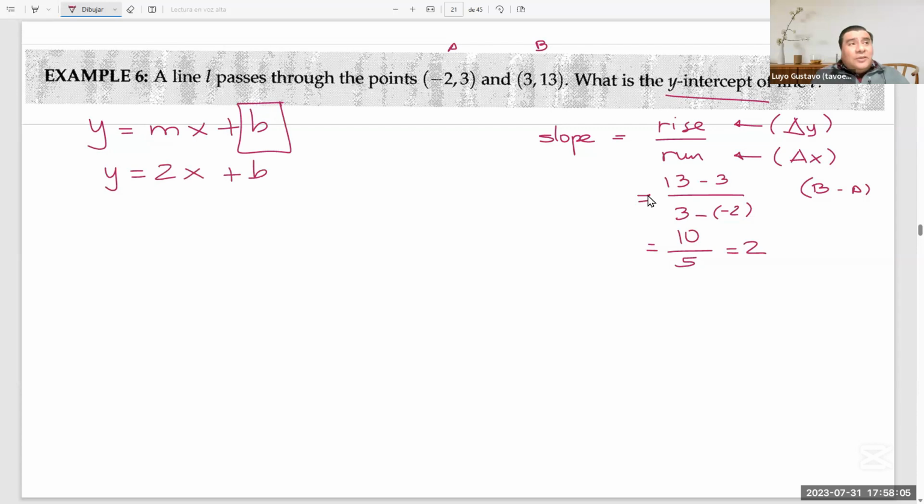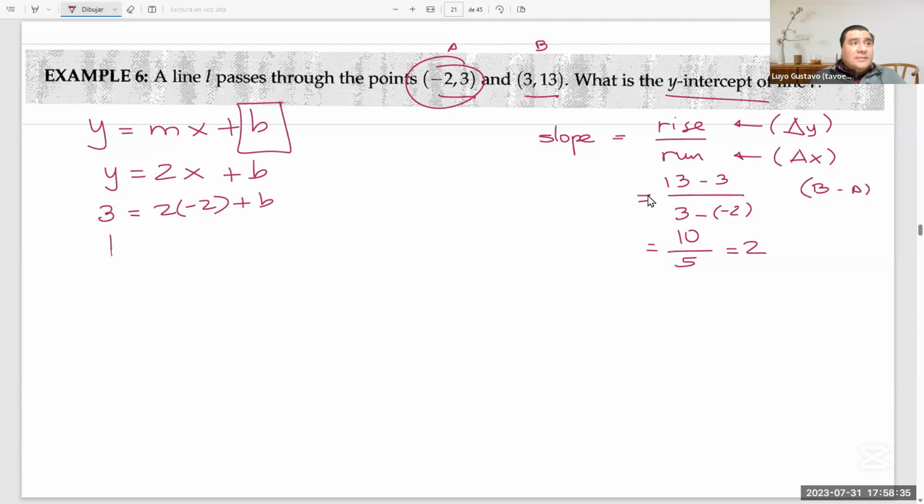Now, all we need to determine is b, but how do we determine b? Remember something. Because the line passes through them, the 2 points actually belong to the line. So the coordinates of any of these 2 points must satisfy the equation or make the equation true. Say, for example, this: 3 equals 2 times -2 plus b.